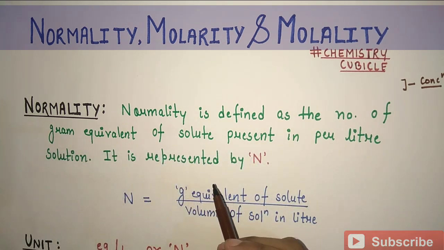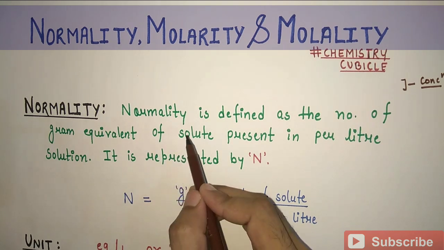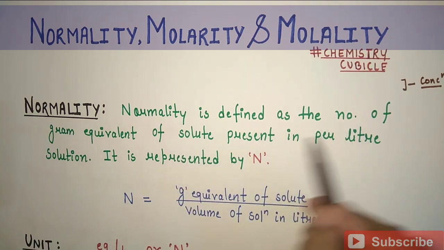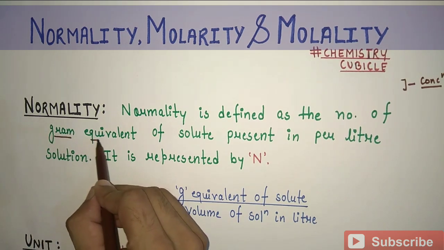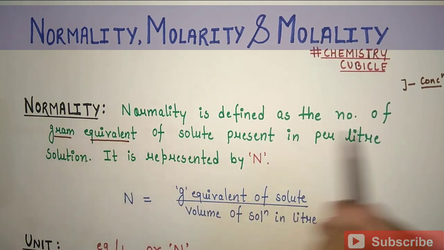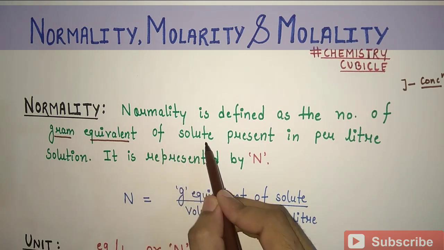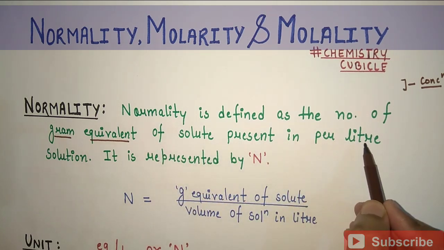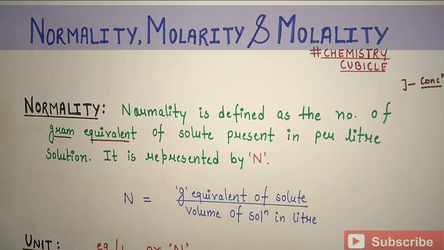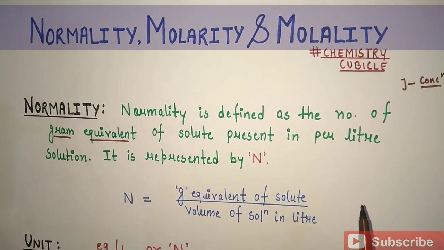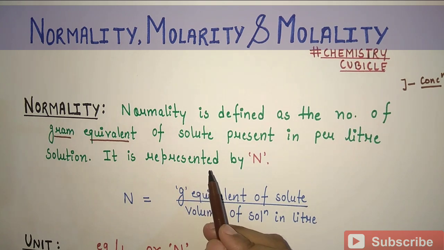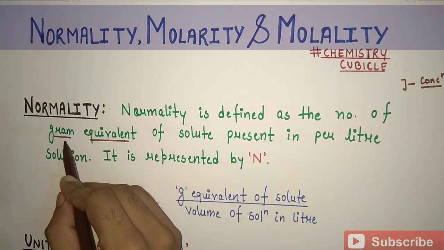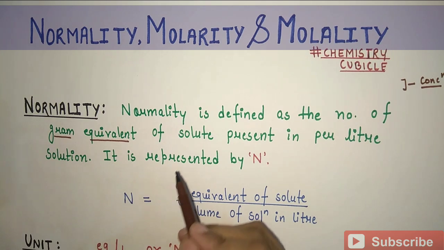What is normality? Normality is defined as the number of gram equivalents of solute present per liter of the solution. So in normality we are not talking about the moles of the solute, but about the gram equivalents of the solute.